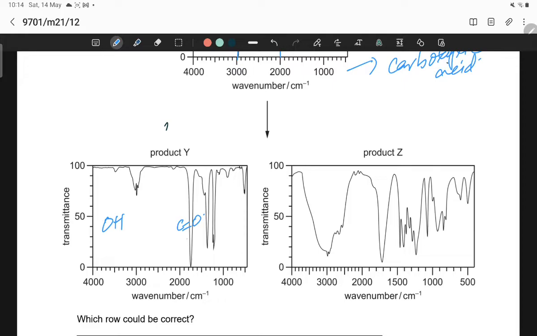And in product Z, the peak around 1500 to 1700, the C=O peak, is also absent. Just C=O is present, so it must be a ketone.